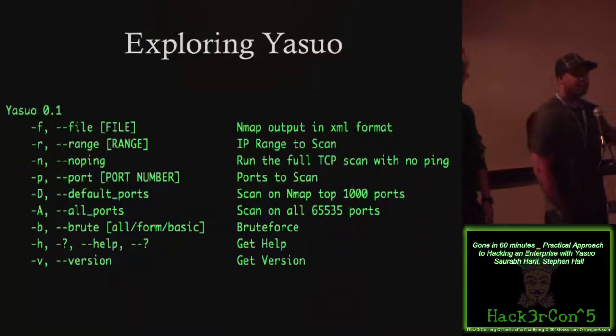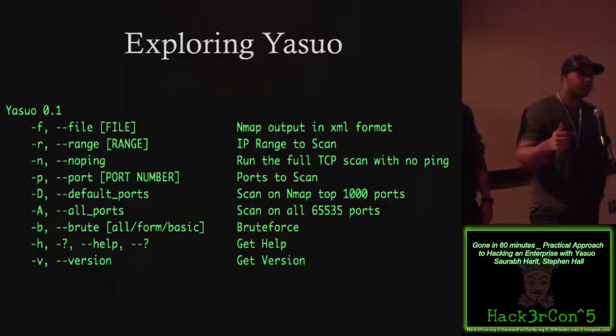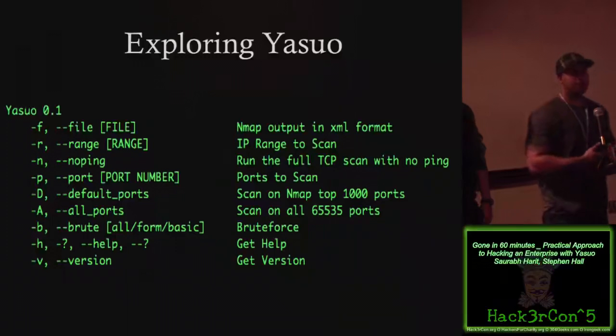So -F nmap output.xml. Once it gets that, it starts parsing through the XML file, looks for all the open ports, and within those, it starts looking for all the web-based ports, like HTTP, HTTPS, HTTP-alt, WebSM, and so on and so forth. It looks for all those ports and creates a preliminary URL: IP address, port number. So these would be all the target ports.